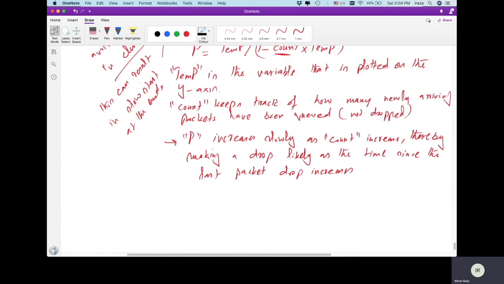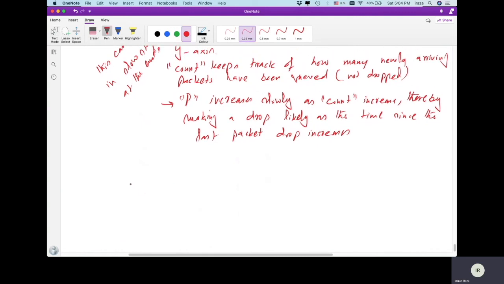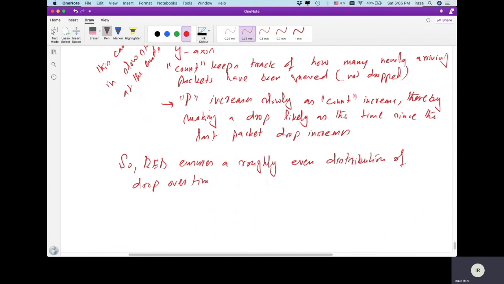So this means we can conclude that RED, random early detection, ensures a roughly even distribution of drops over time, and it's very important. Why is this important?